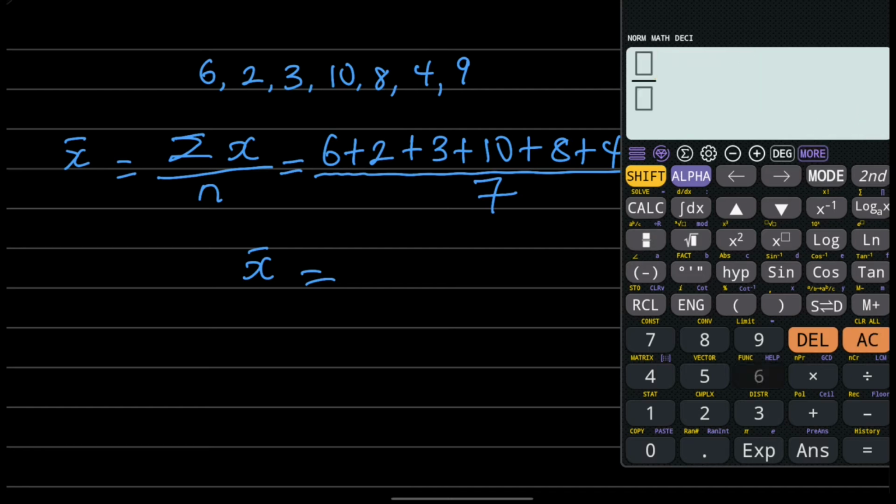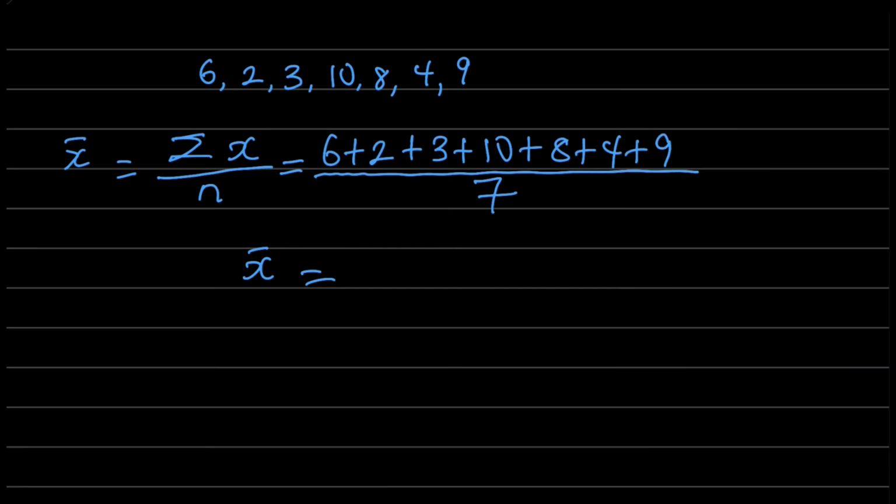All I need to do is say 6 plus 2 plus 3 plus 10 plus 8 plus 4 plus 9, all divided by 7, and we have 6. So our x bar is 6. The mean of the data set is 6. As simple as that.